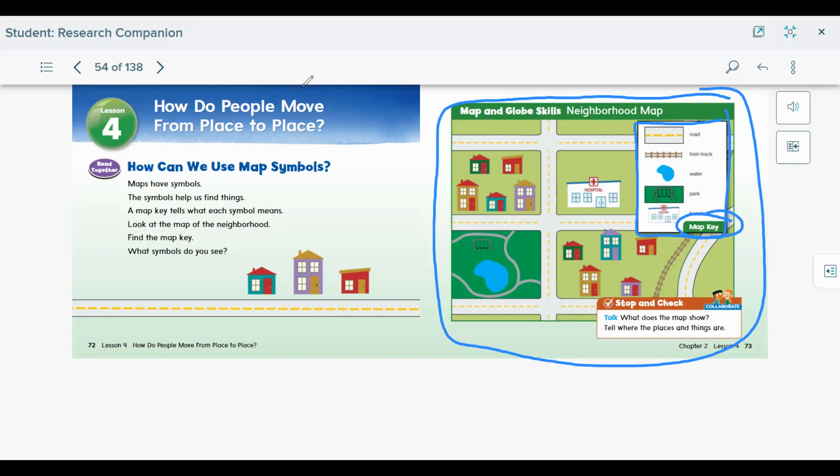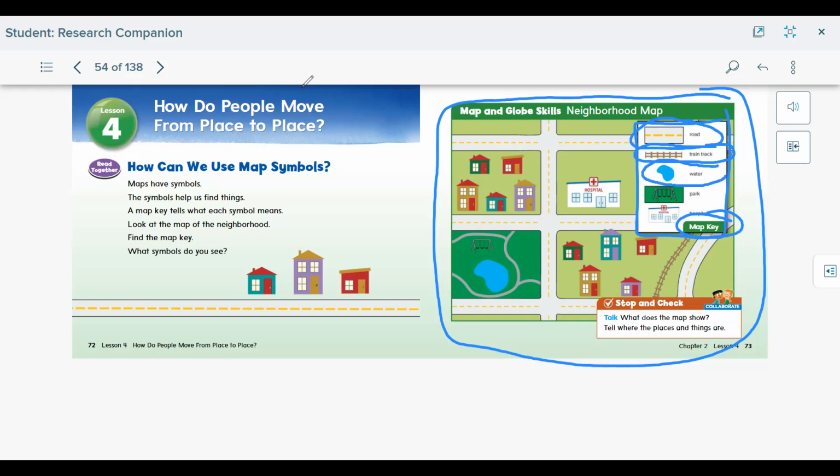Let's see the symbols. What symbols do we see in our map key? This first one is a symbol, and that tells us it is the road. So if you look at the map, you can say, okay, I see the symbol. That means that is the road. Our second symbol here, that is train tracks. So when you see that in the map, you know that is train tracks.